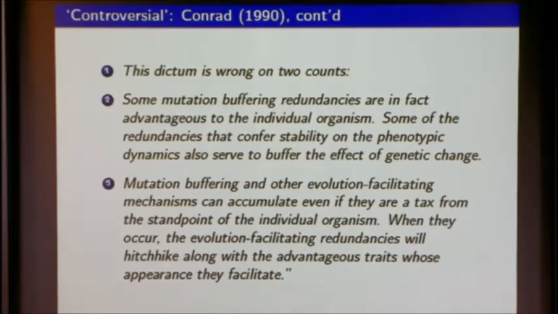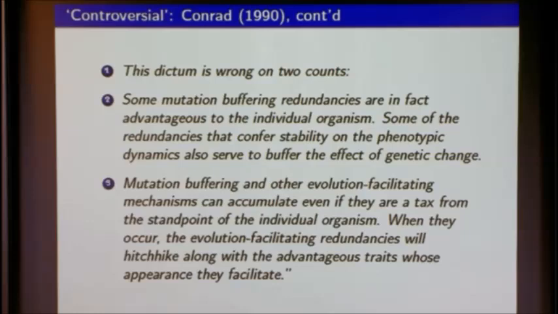So this mutation buffering of redundancies is Konrad's chief mechanism for the evolution of evolvability, a creation of smoothing the adaptive landscape. Anyway, he says some of these redundancies are in fact advantageous to the individual organism. They confer stability of the phenotypic dynamics and serve to buffer the effect of genetic change. So that's mutational robustness.